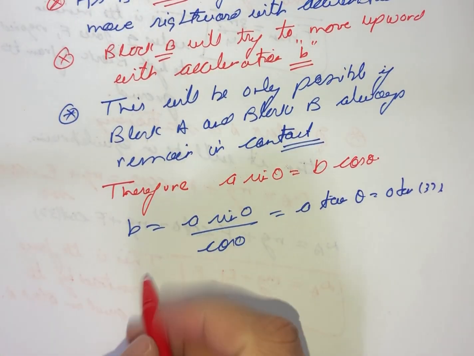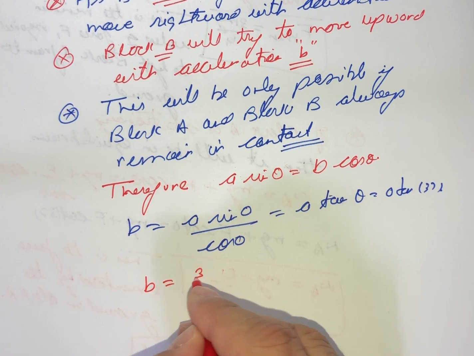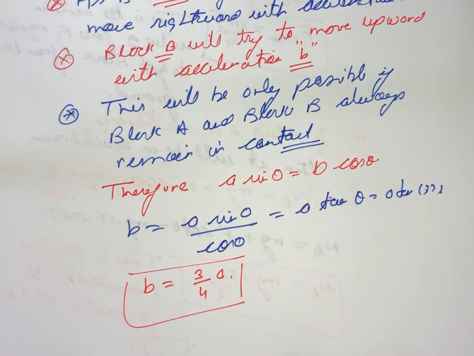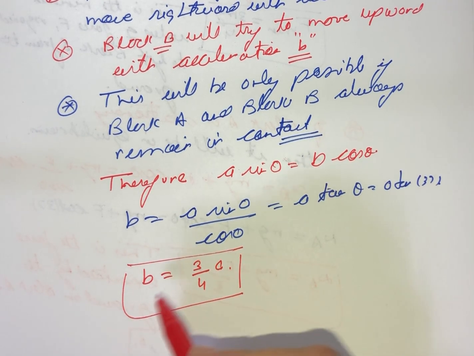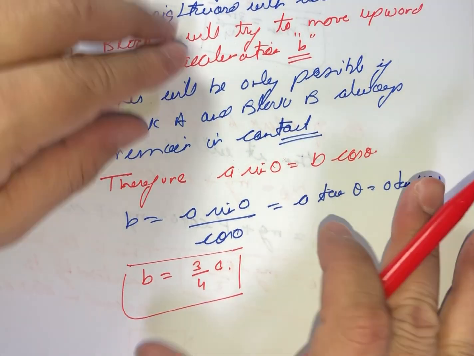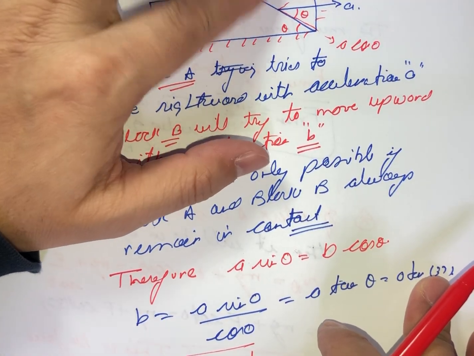Therefore, B will be equal to 3 by 4 A, and this value is coming as positive. It means the direction which we have assumed initially, that it will be moving upward, is the correct option.